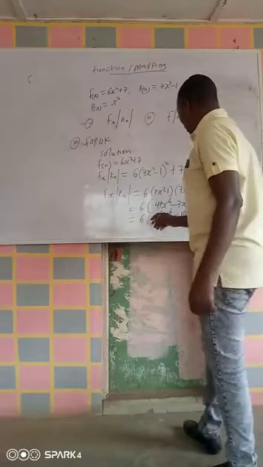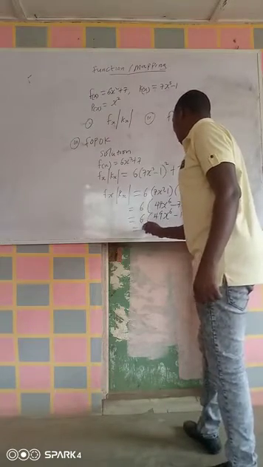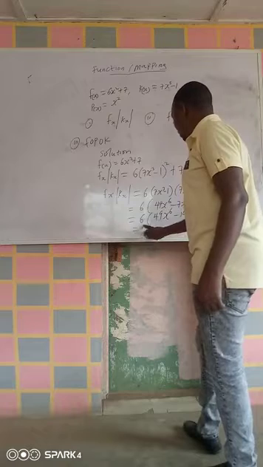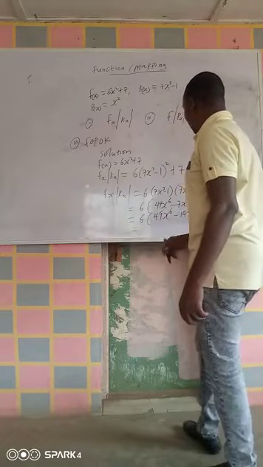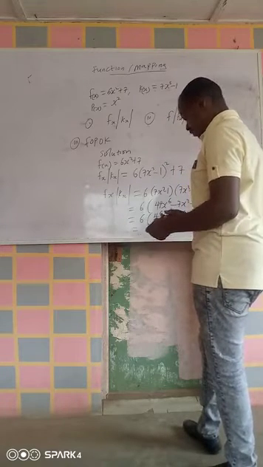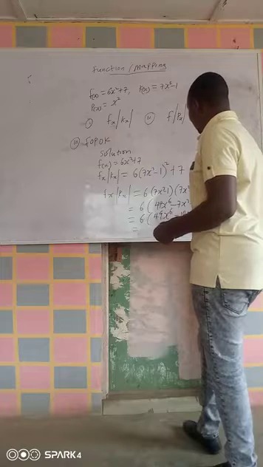So we can easily say that we have 6 times 49. 6 times 9, we have 54, isn't it?